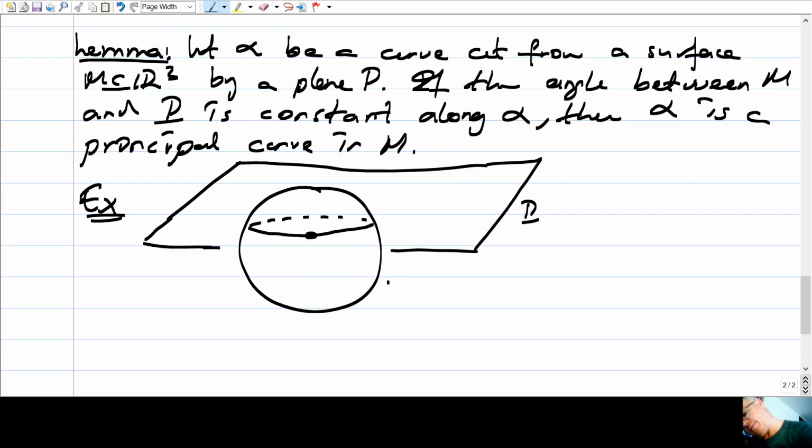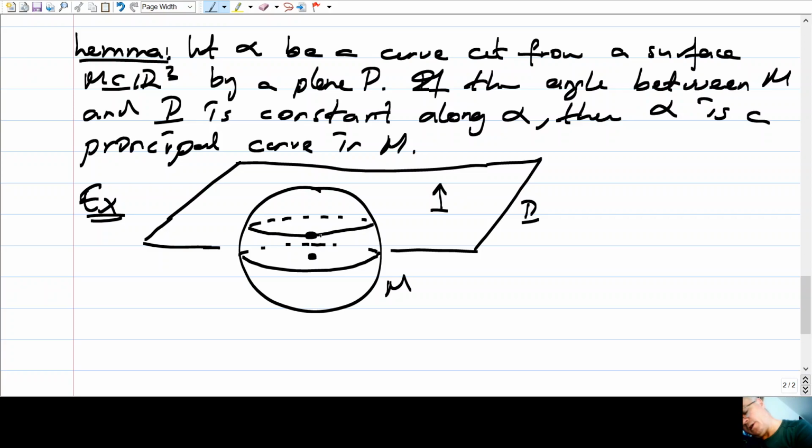This is M, and this is the center of the sphere, let's say. The normal direction of the plane is like this.